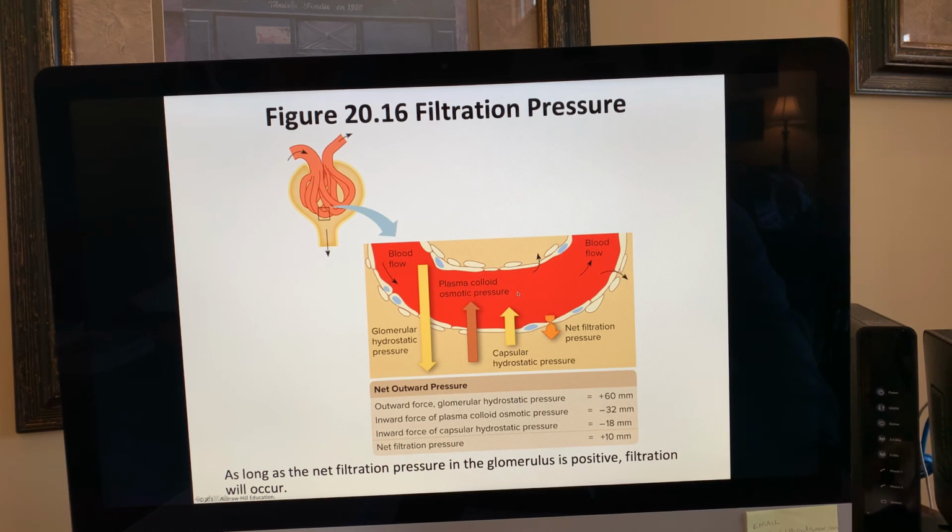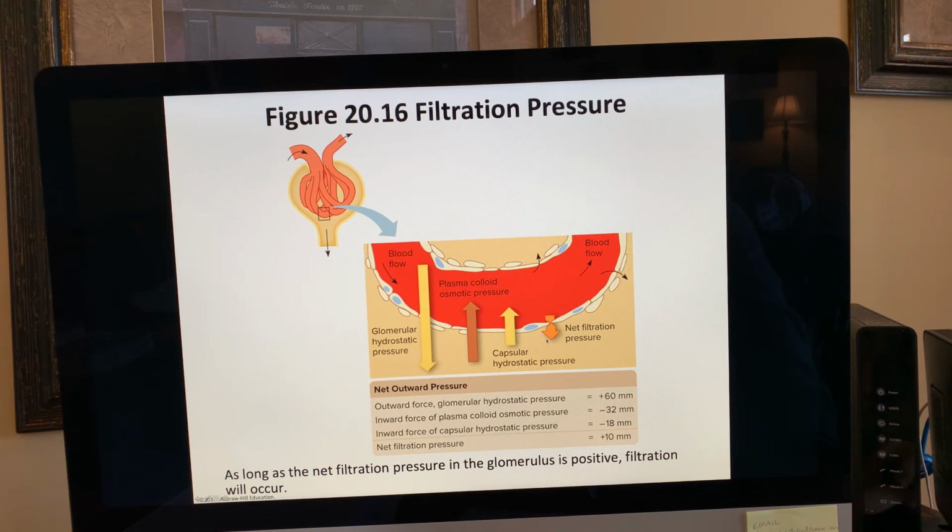But then you have an osmotic pressure from the things that can't get out, pulling water back in of about minus 32. And then you have a pressure that the fluid has in the capsule that's pushing back at it. And that is recorded here at minus 18. And if you take the 60 pressure out, minus the 32 pressure in, minus the 18 pressure in, you end up with a net pressure out of 10 millimeters of mercury.